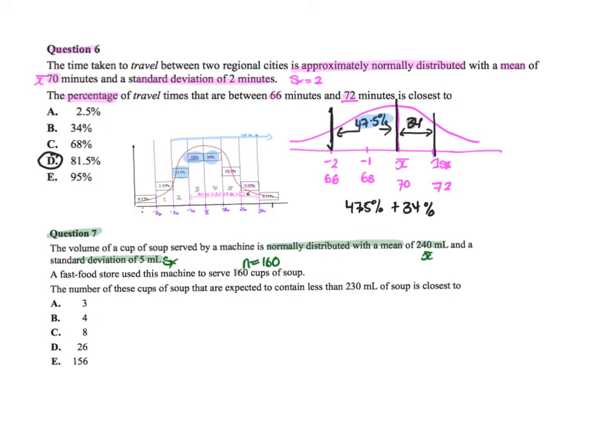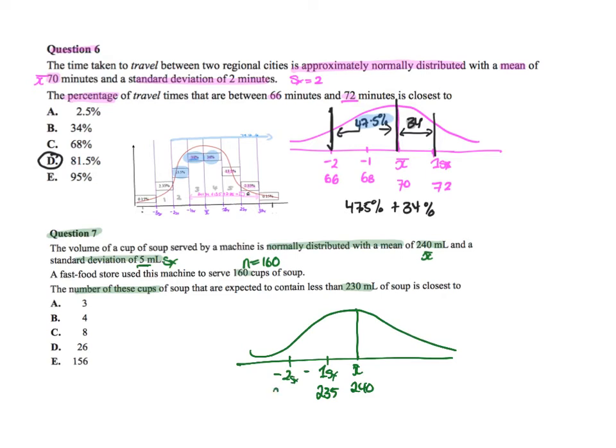The number of these cups of soup that contain less than 230. So I'm trying to find how many standard deviations 230 is away from the mean. So I've got 240. It's 5 mils. If I go down 1 standard deviation, I'll be at 235. If I go down 2 standard deviations, I'm at 230.